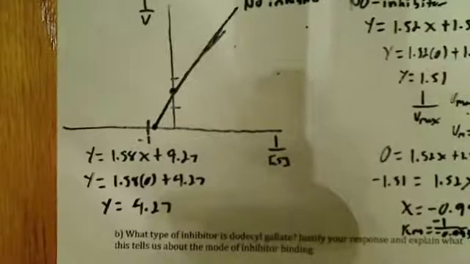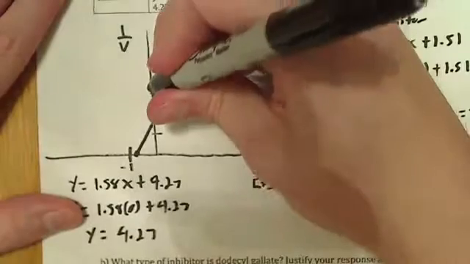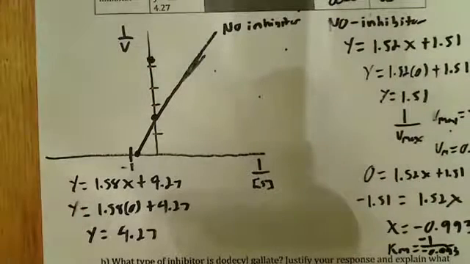Now, the next graph, for the one with the inhibitor, we see that the y value is equal to 4.27. So 1, 2, 3, 4, here's roughly the value up there, 4.27. And what was that x value?